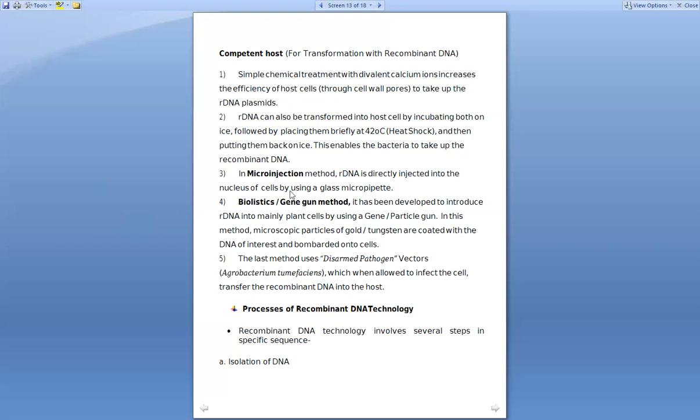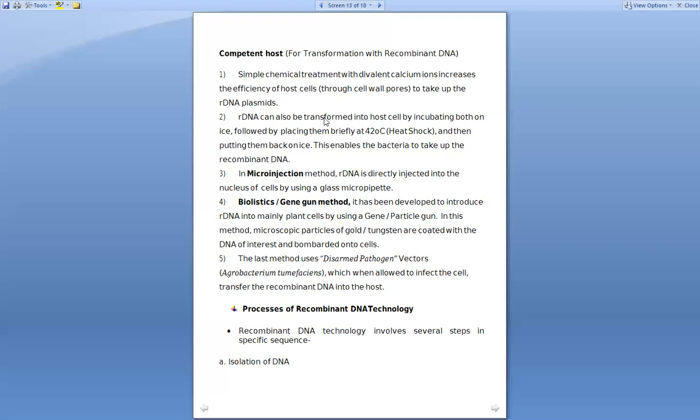Then the third one was the microinjection method. Fourth was the gene gun method. And the fifth one where the disarmed pathogen vectors are used. So this is all about the competent host, which is useful for transformation with recombinant DNA technology, or we can say it is used for injecting the recombinant DNA into the host cell.